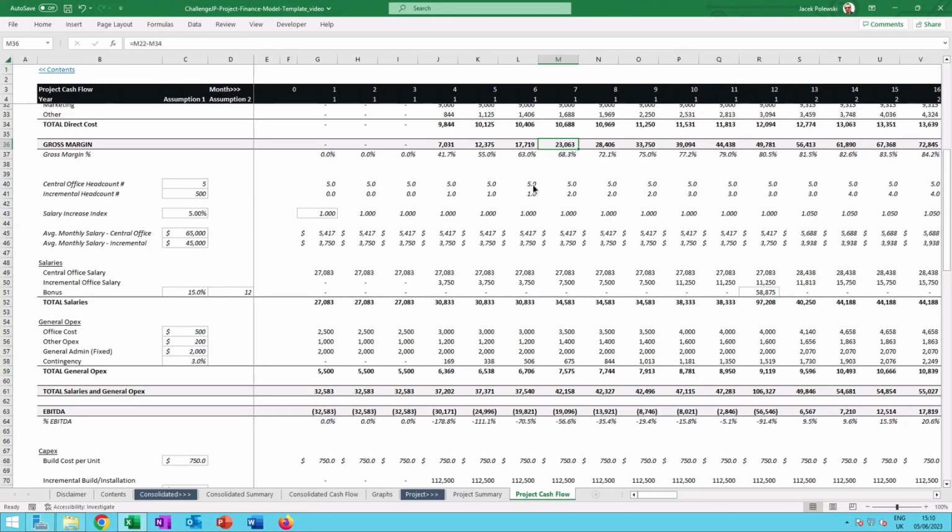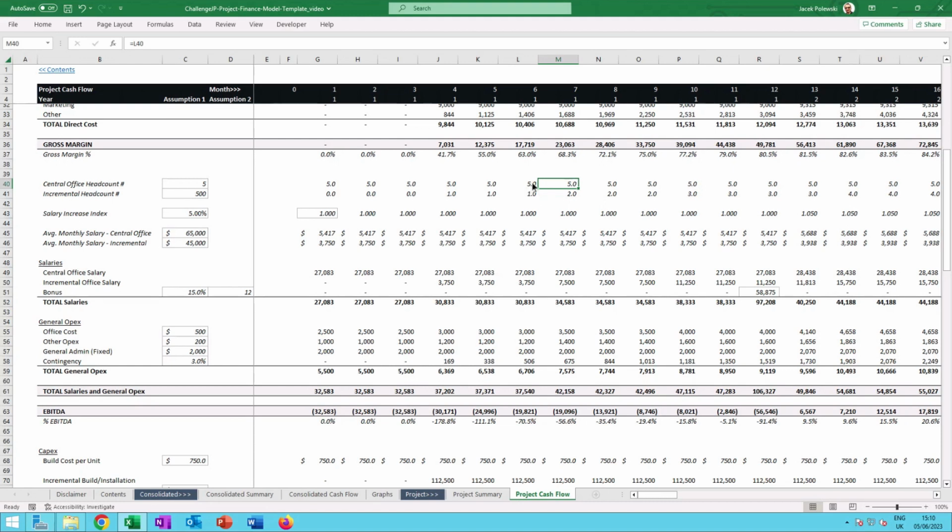The way I model or forecast my salaries here is by dividing the headcount into two types of roles. One is called here central office headcount. I'm assuming that in order to run the company, you need a level of central office management headcount, and that number will be more or less static. In our case, it's 5.